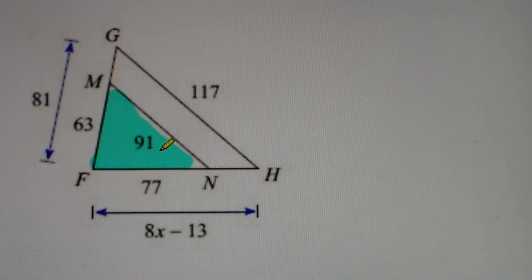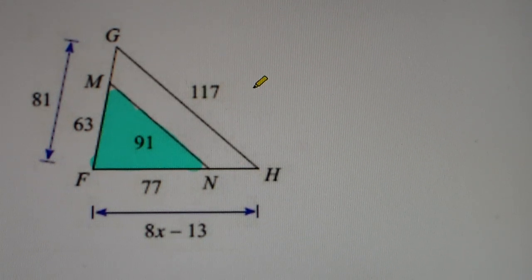So this little blue triangle is on the inside. There's also a triangle of FMN, that blue triangle or green triangle here on the camera. And the second triangle in our problem is FGH. So it's a triangle inside of a triangle.